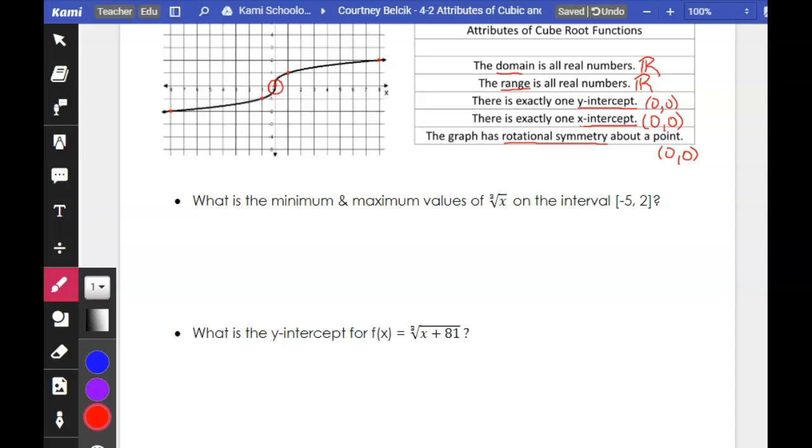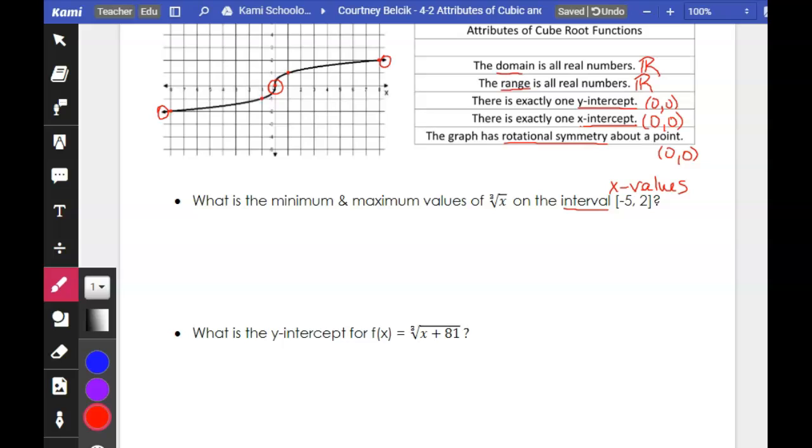So let's talk about the minimum and maximum values of the cube root parent function. Now, I have an arrow and an arrow, so I don't really have maximum or minimum values until I restrict, until I give the graph an interval. So if I give an interval from -5 to 2, remember these are x values.